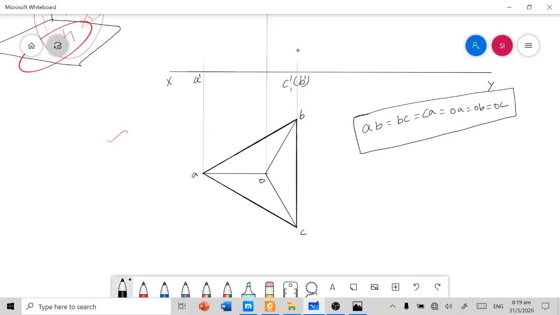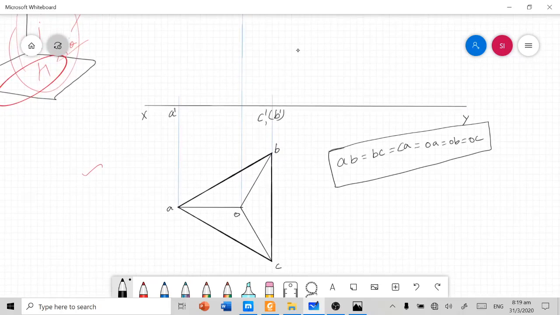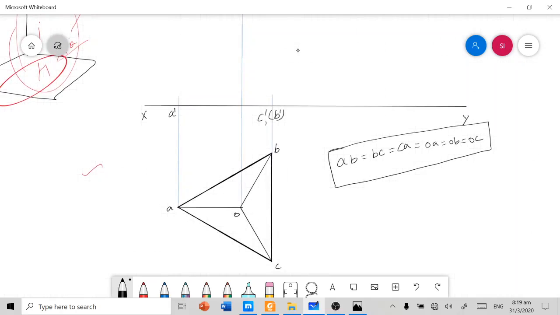You see one thing, the length OA is also equal to OB and equal to OC. In the front view, you can mark the point O by cutting an arc from A or B or C, that is A dash or B dash or C dash, with the length loaded in the compass as the base side length of the tetrahedron.